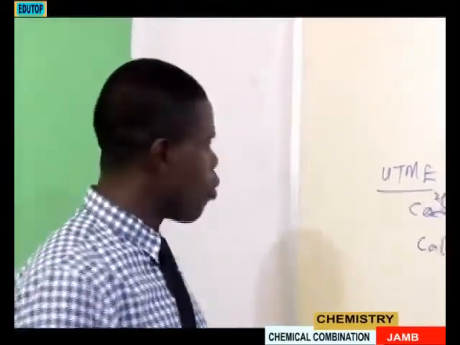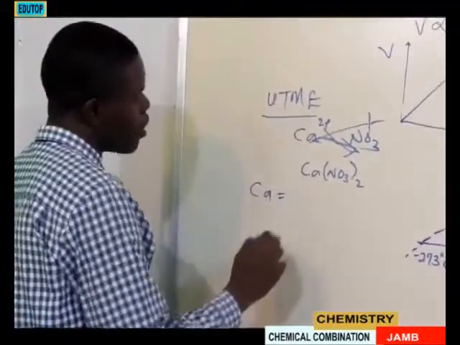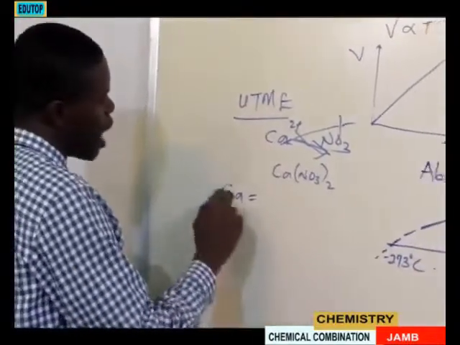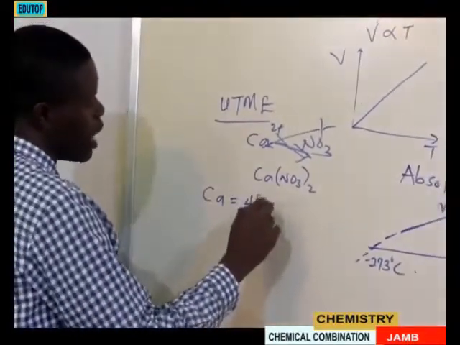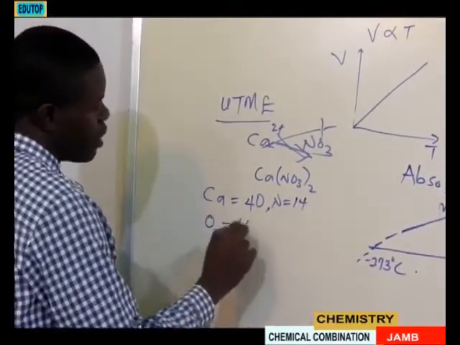But the question is asking us to calculate the percentage by mass of nitrogen in calcium trioxonitrate(V). All we need to do is recall the relative atomic mass of the respective elements. For calcium, it is 40. For nitrogen, it is 14. For oxygen, it is 16.